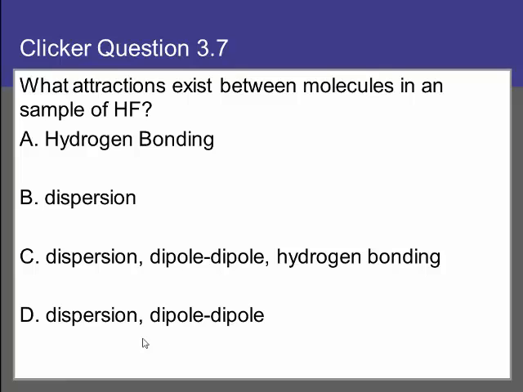So it could be dispersion and dipole-dipole. Does it have HF bonds, HO bonds, or HN bonds? Yes, it has HF bonds, and so it should have all three. And basically we could observe that it has HF bonds right off the bat. Therefore, it has hydrogen bonding. If a molecule has hydrogen bonding, it also has the other two. So the C is the best answer here.